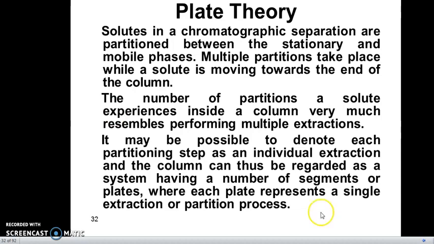So we call it performing multiple extractions, and it is important to note that each plate represents a single extraction. So in this column there is a huge number of plates designed in such a way.